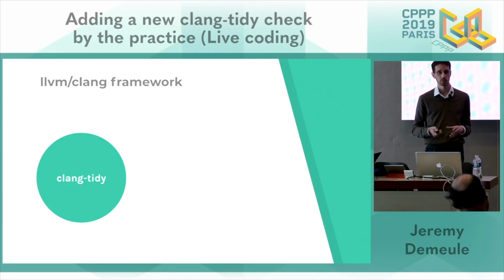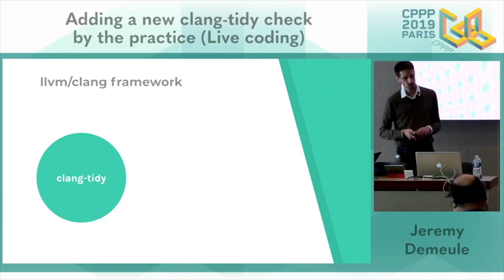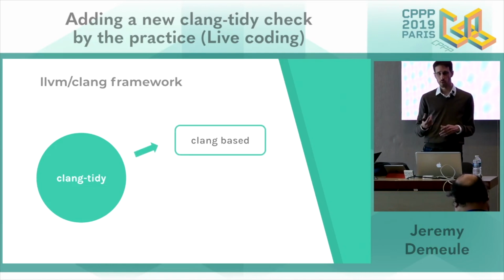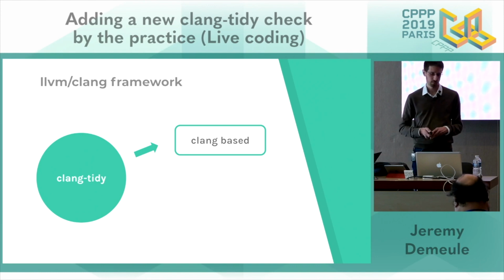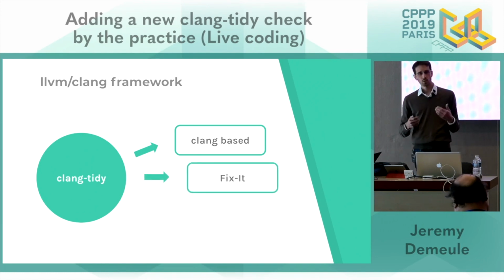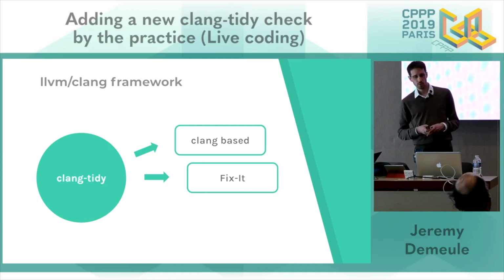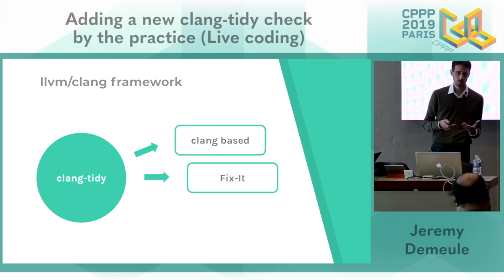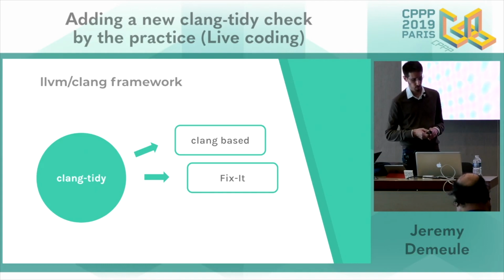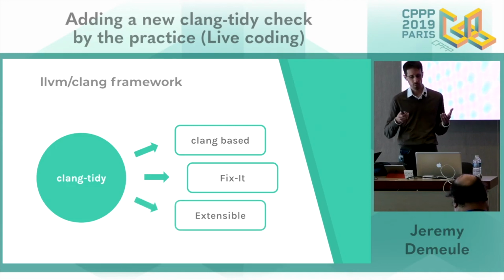So like every linter, it diagnoses bad code usage. Contrary to a lot of linters, it is based on a real compiler, Clang here. And also contrary to most other linters, it can suggest code replacements, and it can also apply them, what they call fix-its. And finally, this framework is made to be extensible.